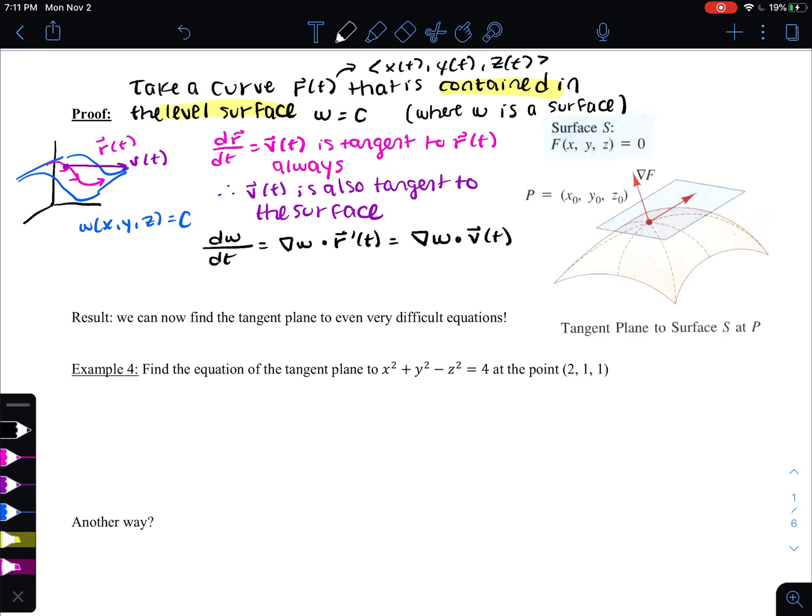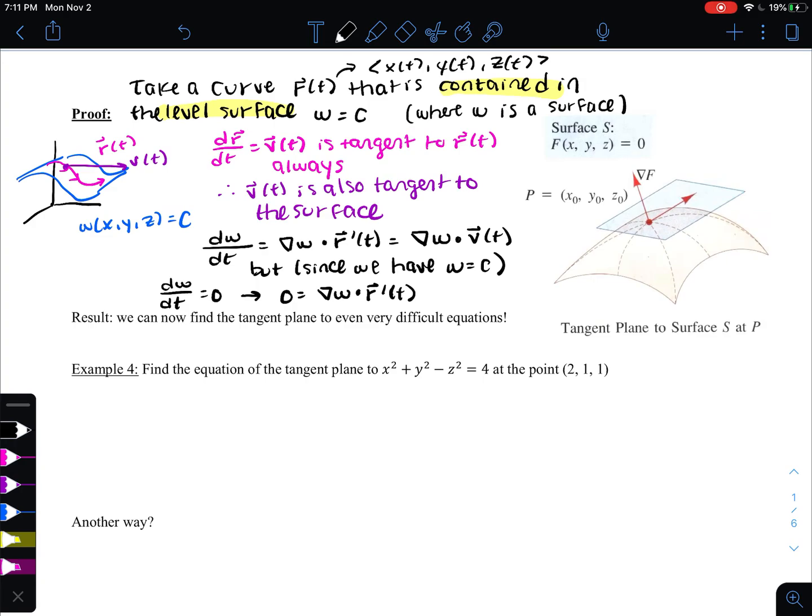But here's the thing, we're in a level surface. Since we have w equal to a constant, the rate of change of w with respect to time should be 0, which means 0 equals the gradient of w dotted with r prime of t.